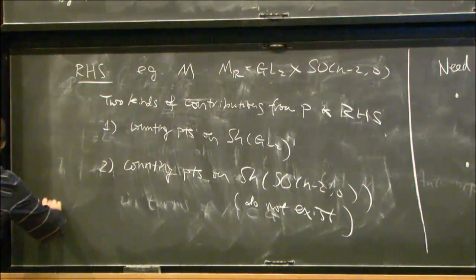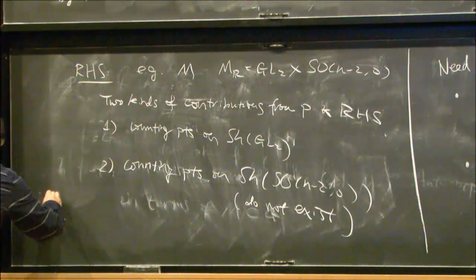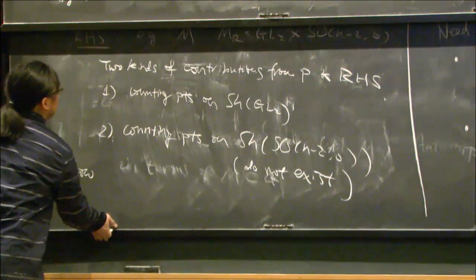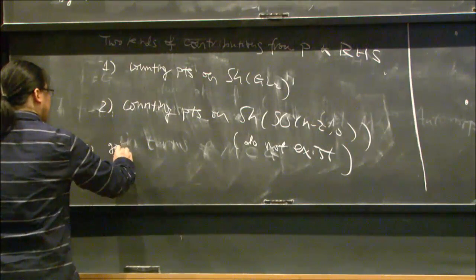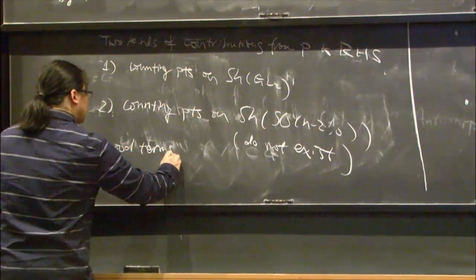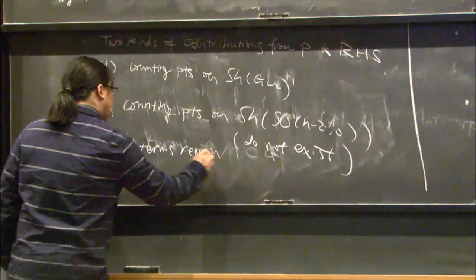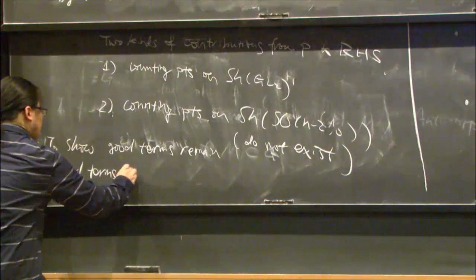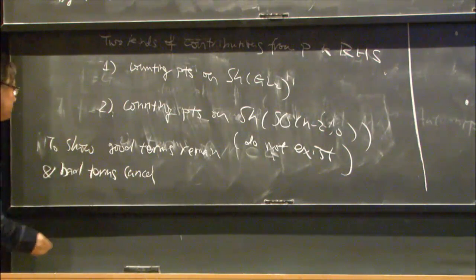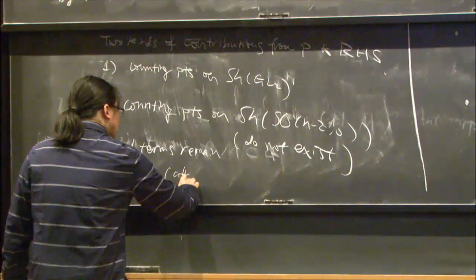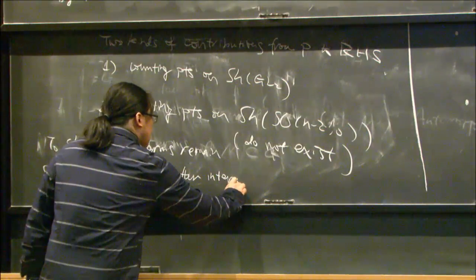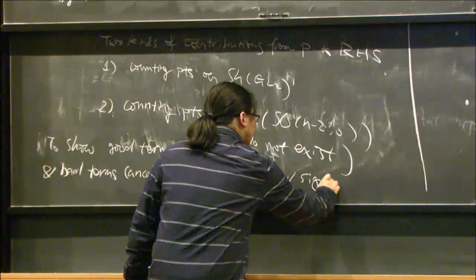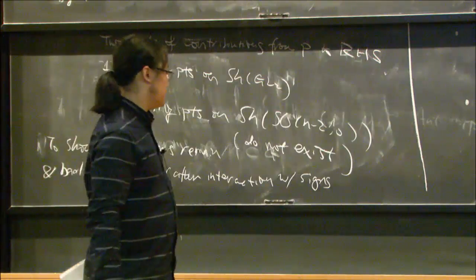So we need to show that good terms remain and bad terms cancel after interaction with the signs from the Archimedean calculation.